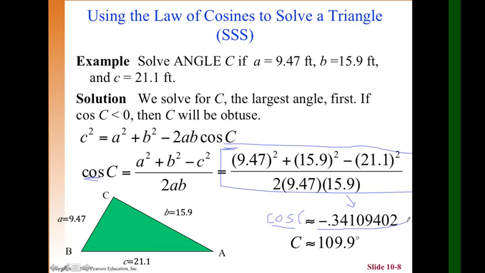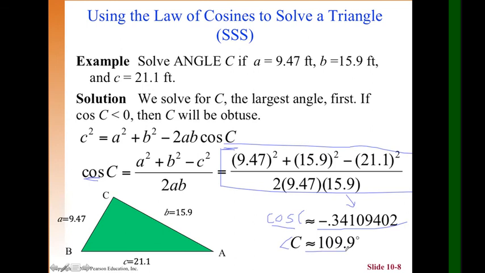So, ang makukuha natin is 109.9435417. Or, just round off to nearest tenths. So, ang magiging answer natin for the angle C is equal to 109.9 degrees.